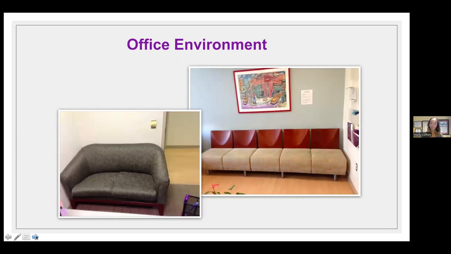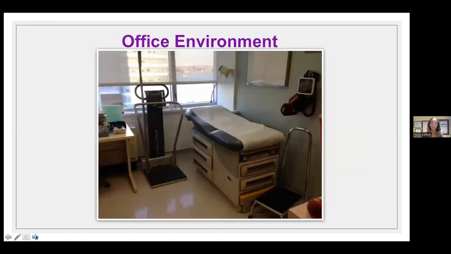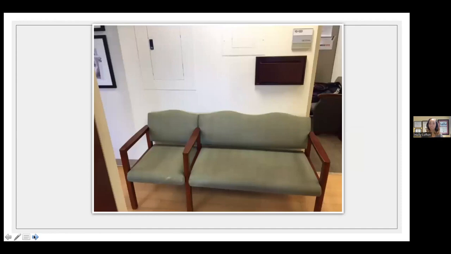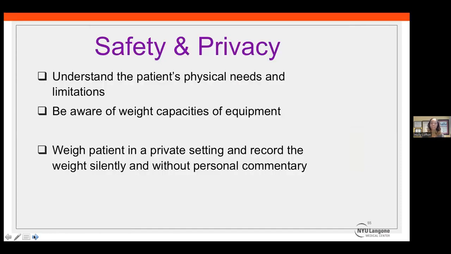You see they don't have armrests, which makes patients feel more comfortable. We have chairs of different sizes that can accommodate larger patients. We have different types of scales. What you see here is a stand that can help patients get on the exam table if they need help. Different cuff sizes to accommodate different size bodies. Again, different chairs. Safety and privacy.